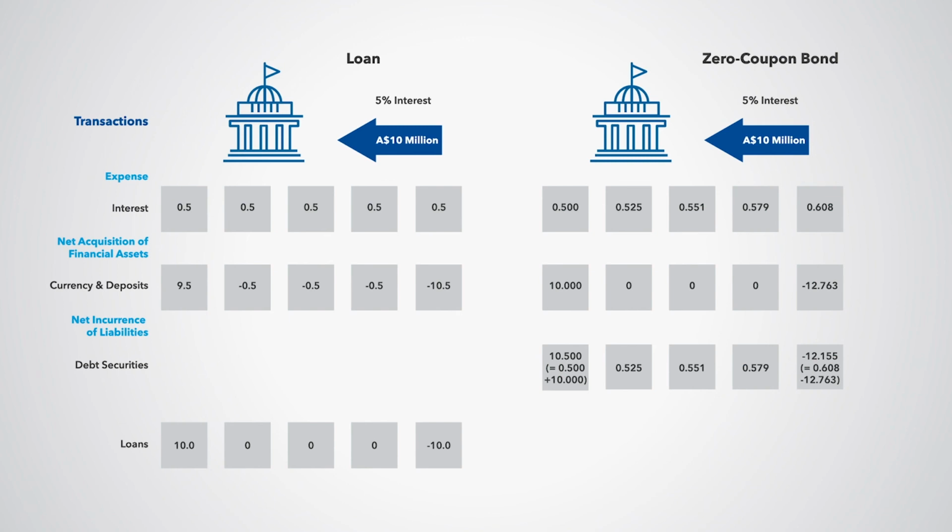And since in the case of the zero-coupon bond, the cash is not paid periodically and therefore not available to the creditor for reinvestment, the debtor pays compound interest, which means that over the 5 years, 2.76 million Arctica cubes of interest accrues and is paid at maturity. This compares with 2.5 million Arctica cubes of interest paid on the loan.